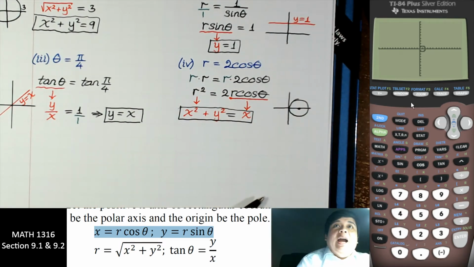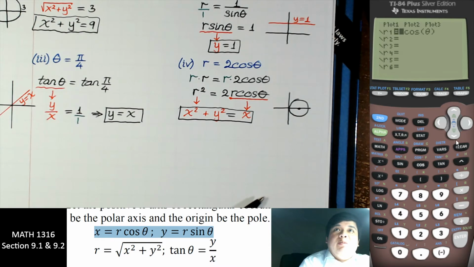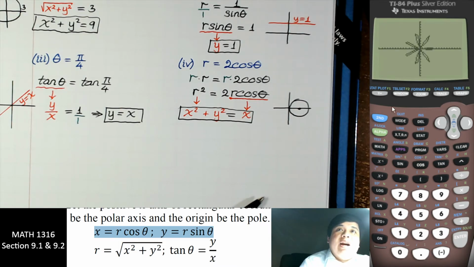Right. And then we can do something very nice. For example, if I put 6 here, and then I put cosine of, let's say, 7 theta, and let's see the graph. It's not very nice, right?